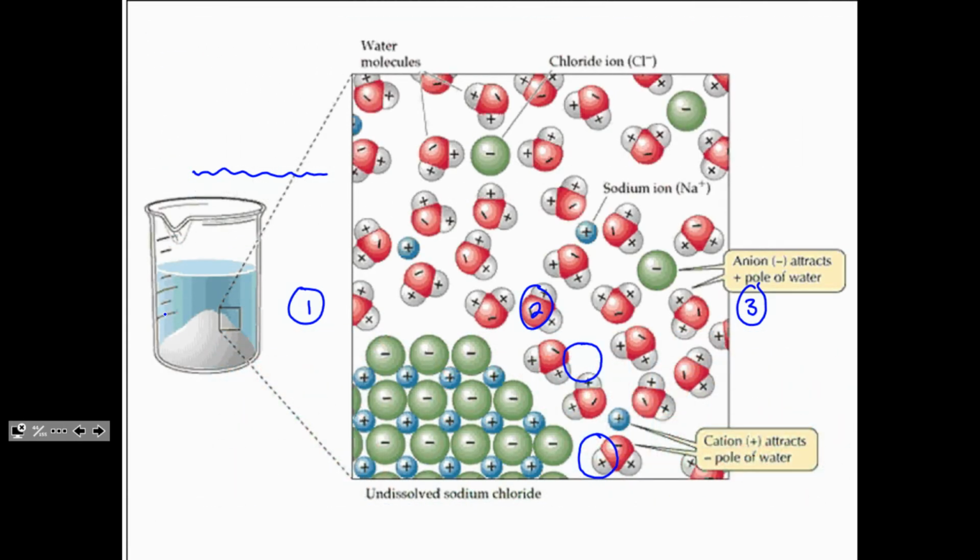If we zoom in even closer, we can actually look at the attractions between the water molecules and the ions. So you'll notice that if we look up here on this top portion, all of the positive sides, the hydrogens, are attracted to the negatively charged chlorine atom, because the hydrogen on the water is positively charged and the chlorine has a negative.